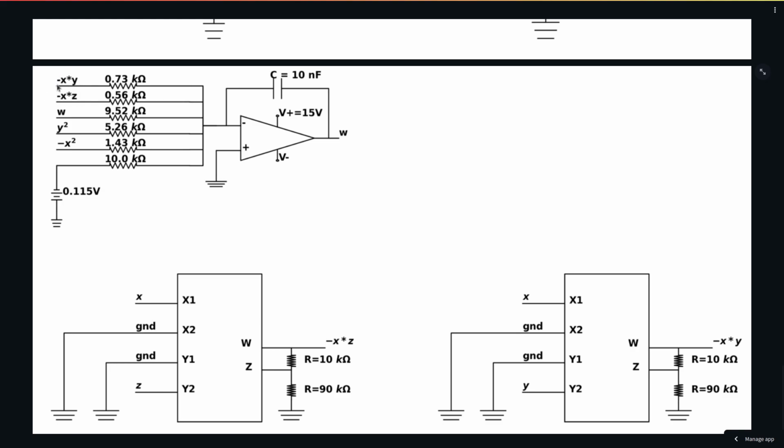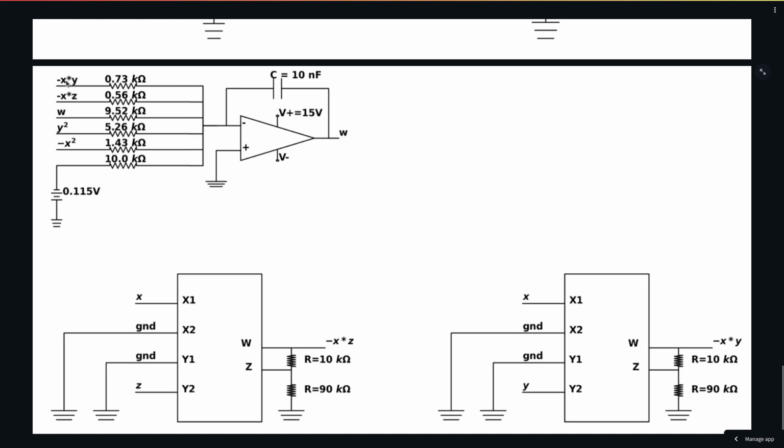Minuses again are generated based on coefficients, and we can see that they get achieved using the multipliers, and since we want minus x in both cases connected to x1, and z and y respectively are connected to y2, so that we get the negative output, and the resistances here get tuned based on the capacity of our capacitor, and also the integration constant, that in our case is 10 to the minus 4 as a design parameter.